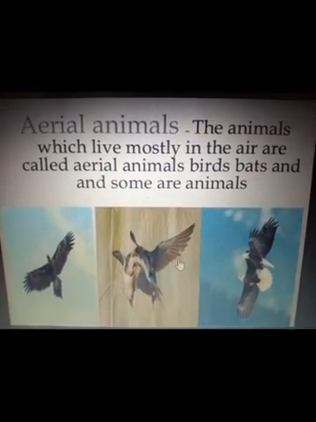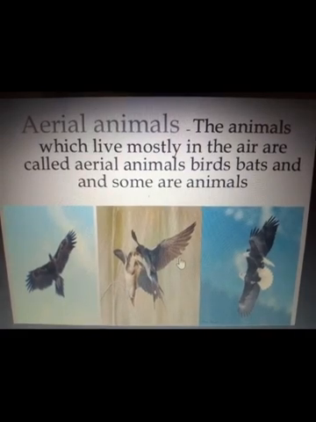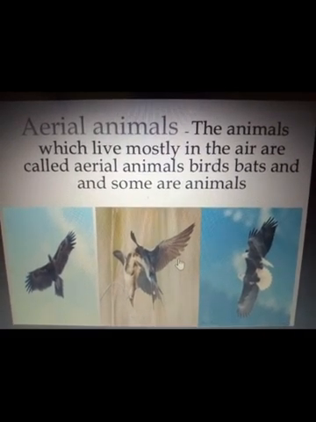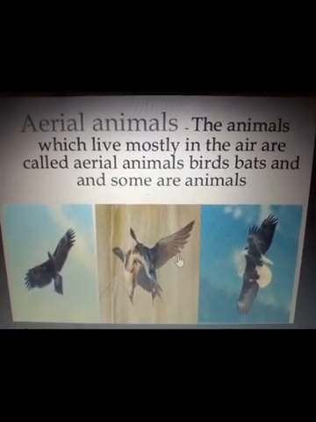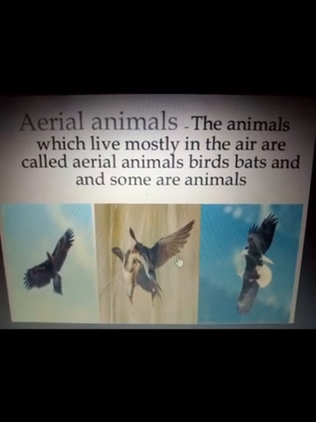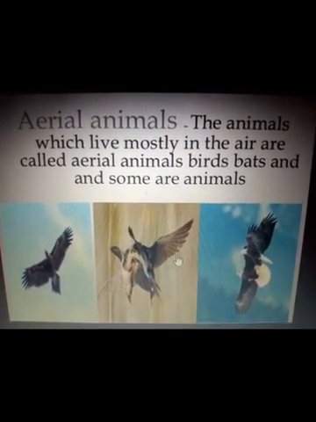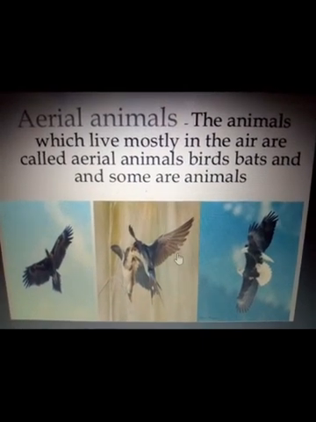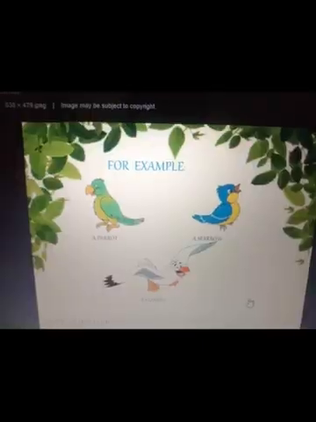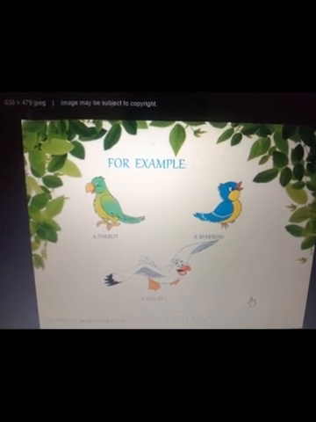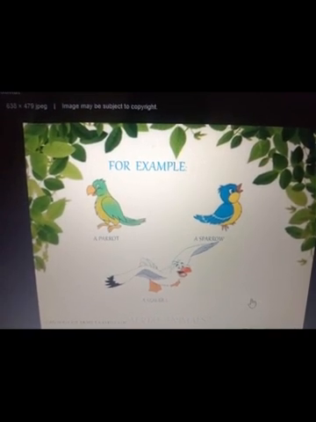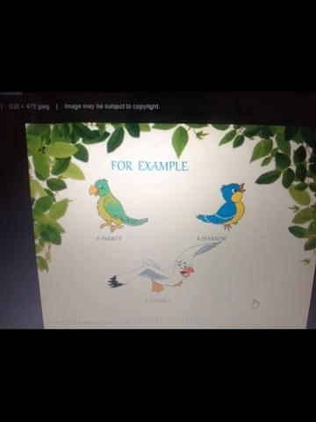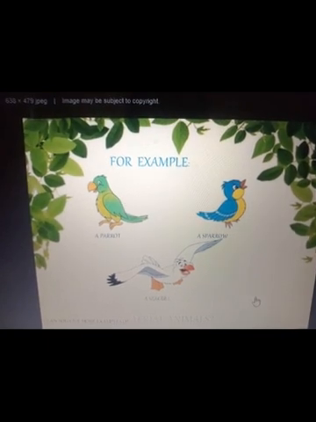That means the animals that can fly and spend a lot of time in the air. So aerial animals are the animals which live mostly in the air. Examples are birds and bats. Examples of aerial animals: sparrow, seagull, parrot, pigeon. These are all aerial animals.